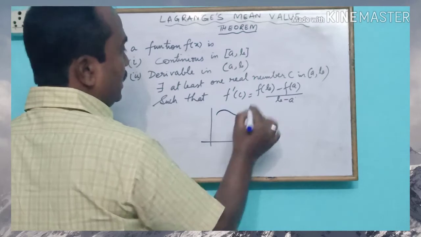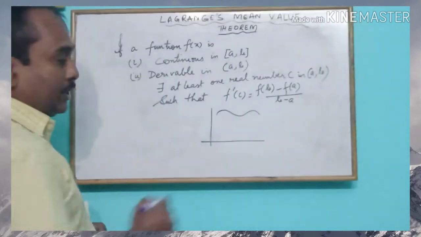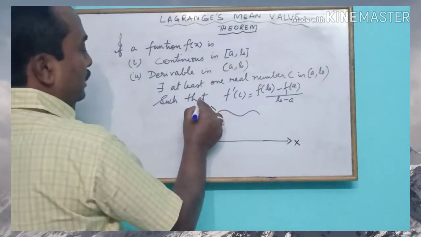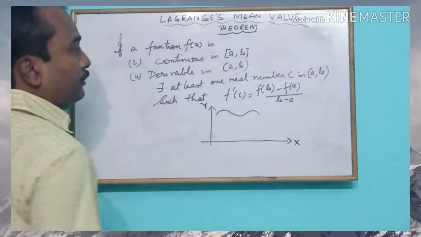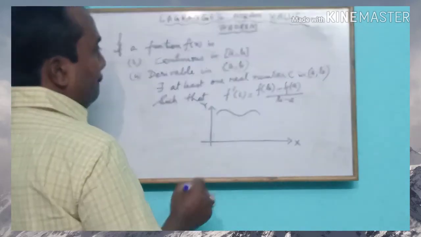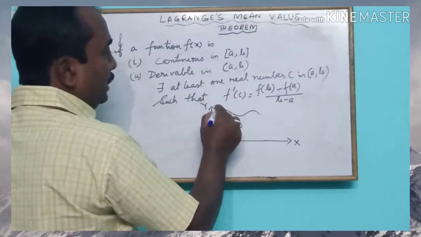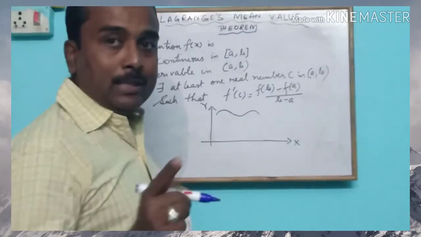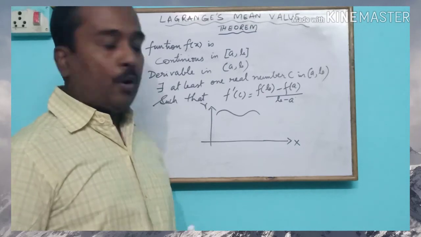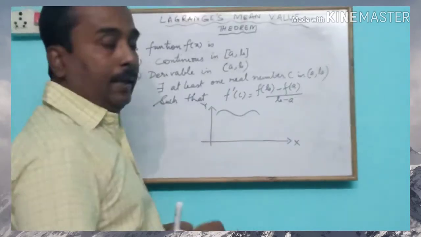Suppose the condition is continuous. Now if it is continuous, then the curve will be a continuous curve in the closed interval [a, b], derivable in the open interval (a, b). Derivable means, as I had already discussed, that the tangent will exist at every point within the interval a and b.